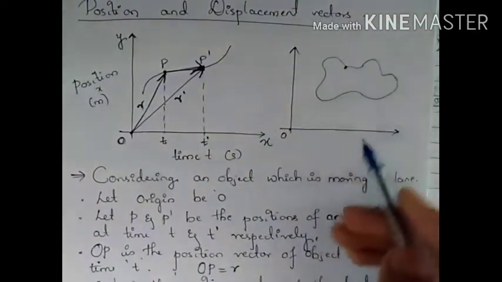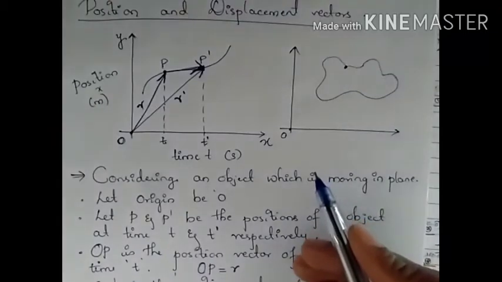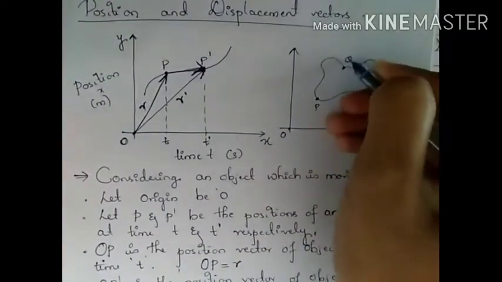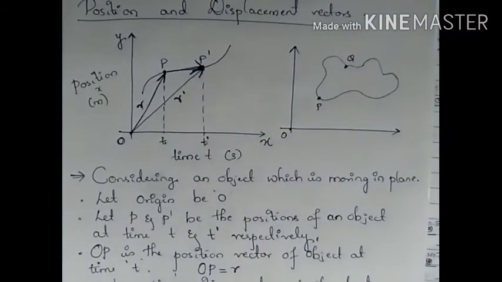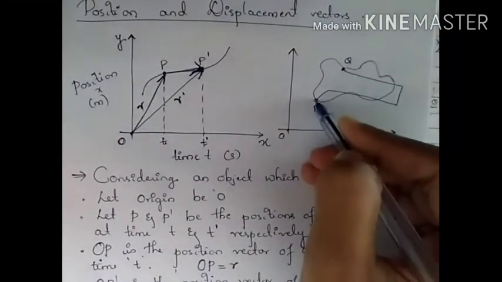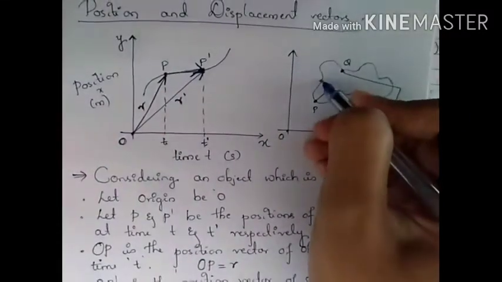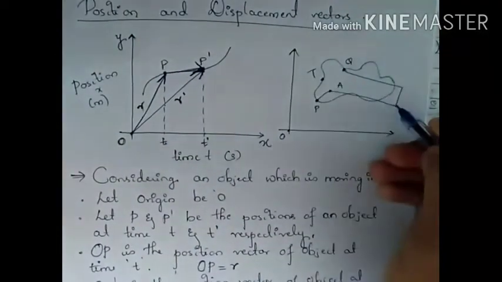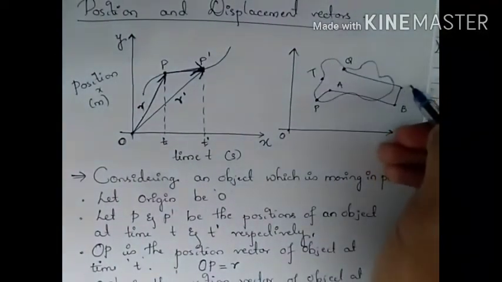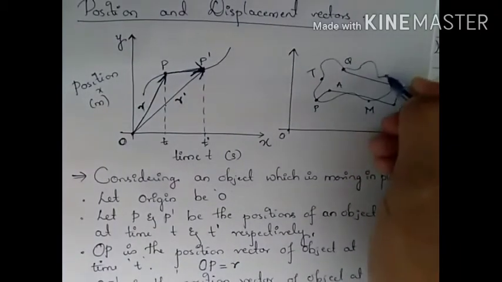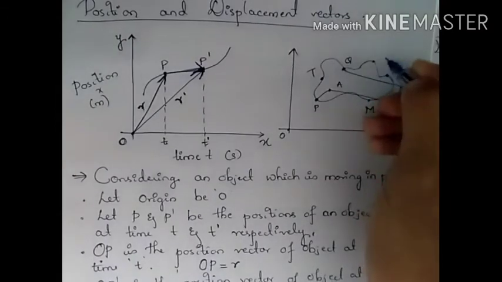It has started from point, let's say P, and it has ended its motion at point Q. So let me draw another diagram. So let these points be T, A, B, C, and these be M, N, O.